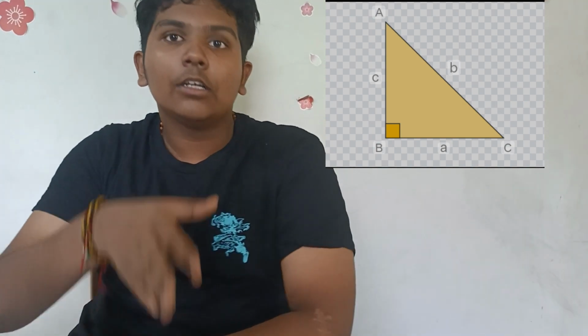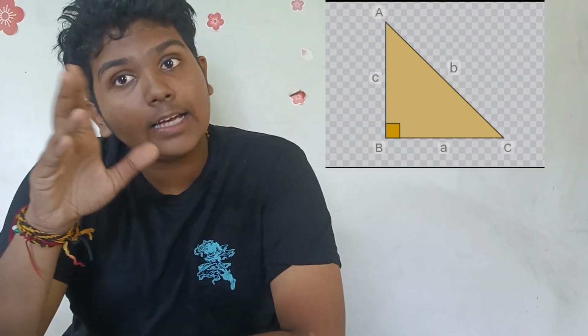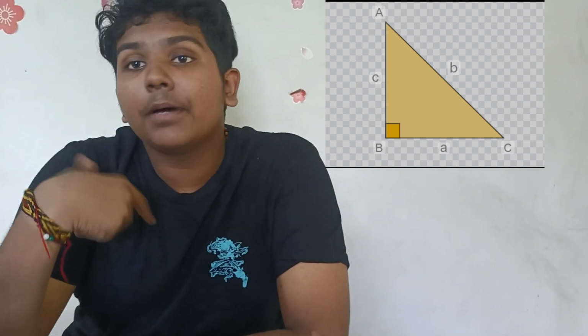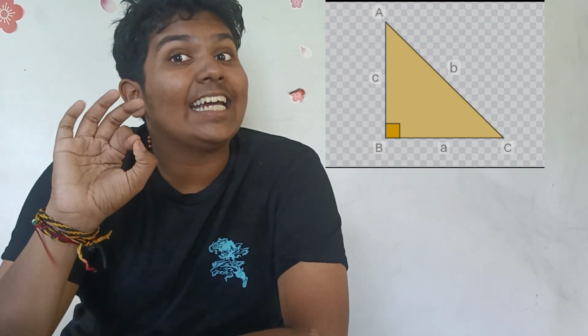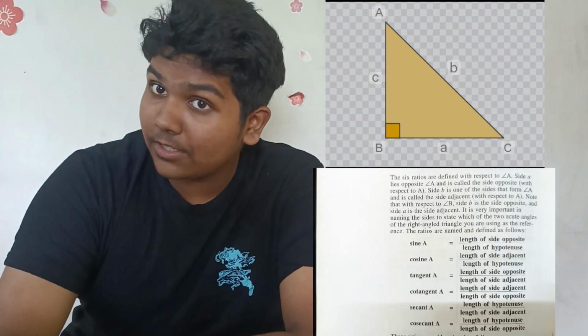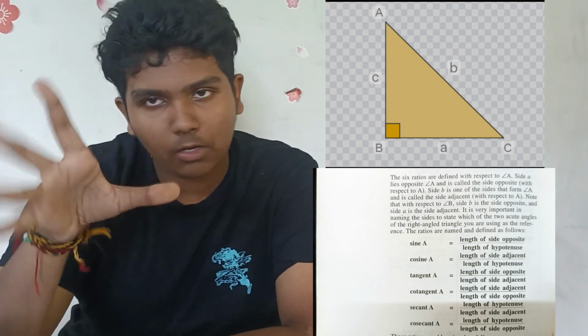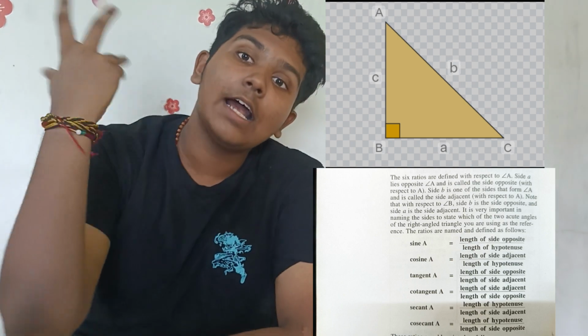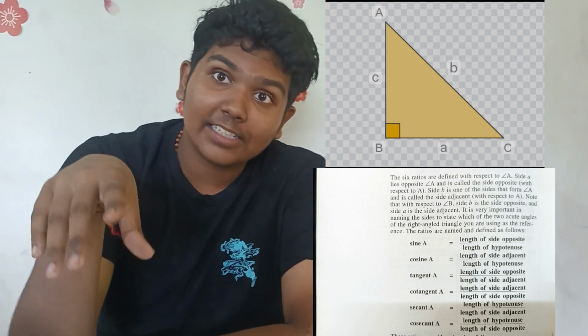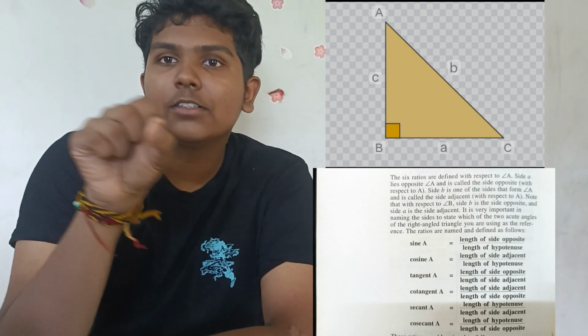So first of all, let's take the angle A. So sine A is equal to the length of the side opposite by the length of the hypotenuse, or simply opposite by hypotenuse. Now the next is cosine.